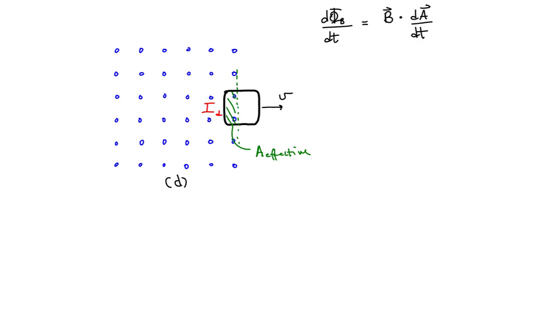It wants to keep the number of magnetic field lines passing through the loop constant. Since the number of magnetic field lines passing through the loop is decreasing, there must be an induced magnetic field to oppose the decrease. So I'll represent that by these two dots.